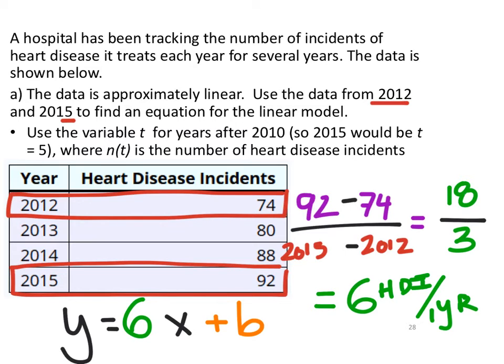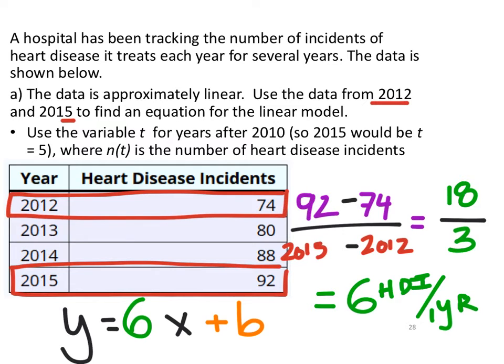So from here, next we need to figure out how many heart disease incidents there would have been in year 0, which in this case is 2010, right? So if it's 6 per year, 2012 is 2 years away from 2010, which would have been year 0.